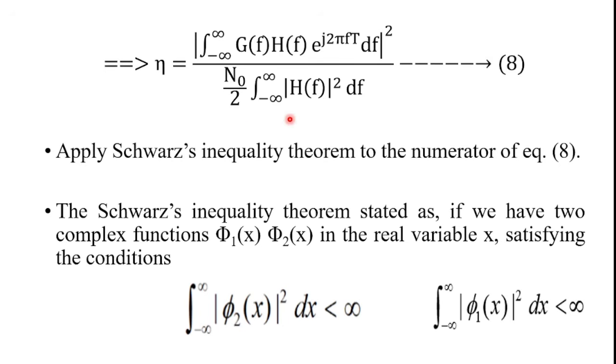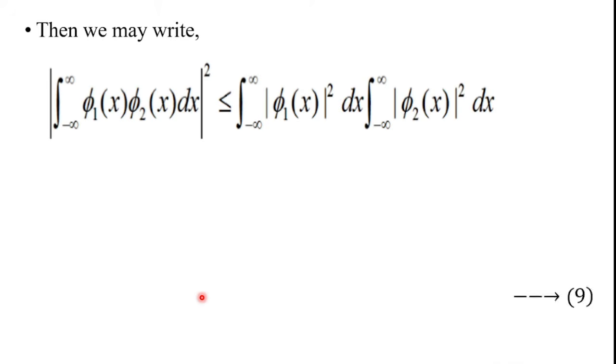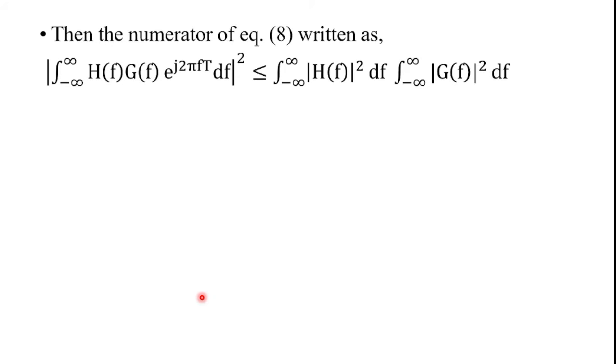So in this equation number 8, the numerator term. What is the numerator term? This is the numerator term. This numerator term can be written as the magnitude of integral minus infinity to infinity, and what is the Schwarz inequality statement? Magnitude of integral minus infinity to infinity phi 1 of x.